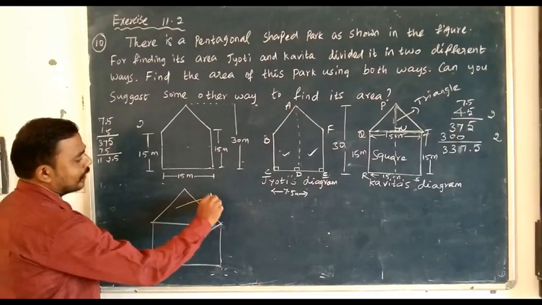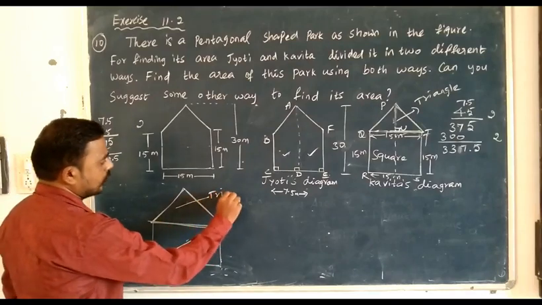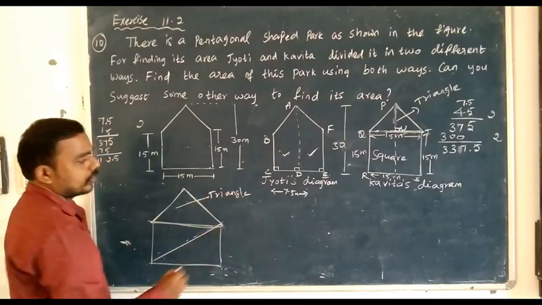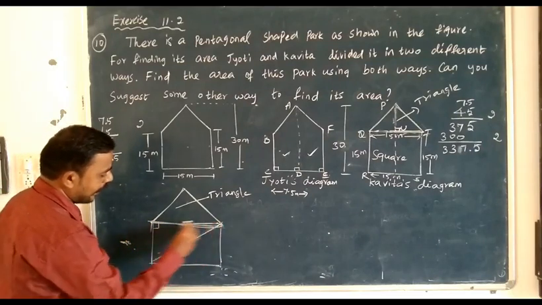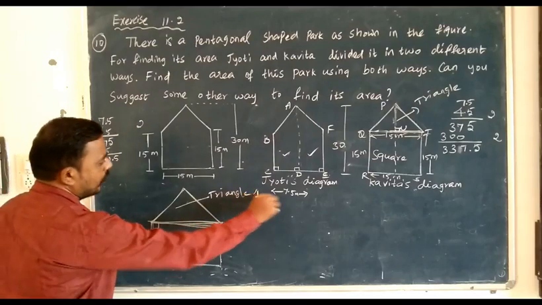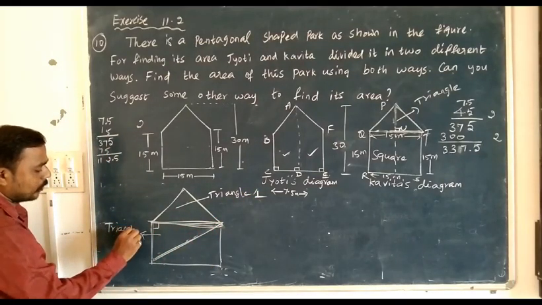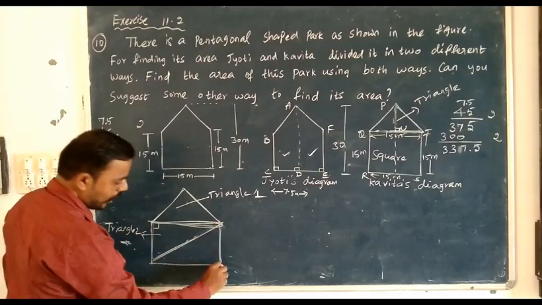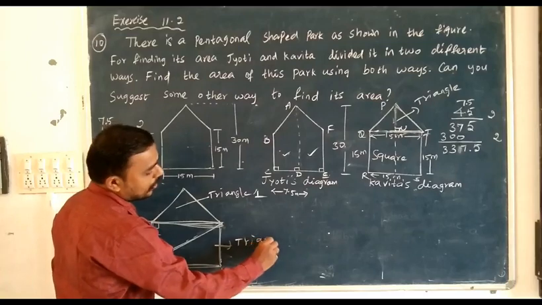This shape is a triangle. And this shape, with a perpendicular line, is also another triangle. So this one is triangle 1, this one is triangle 2, and this is also another triangle, triangle 3.